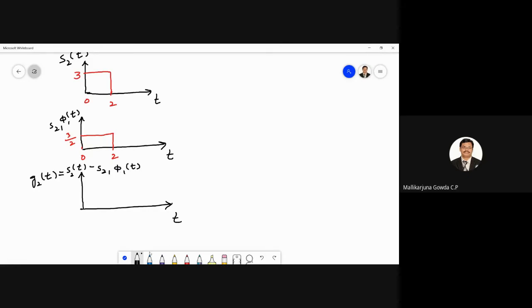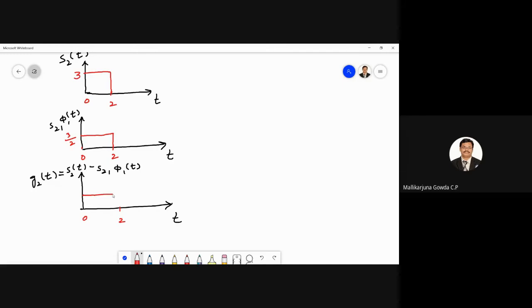So over 0 to 2, the magnitude of S2 of t is 3 and the magnitude of S21 pi 1 of t is 1.5. So 3 minus 1.5 is nothing but 1.5.